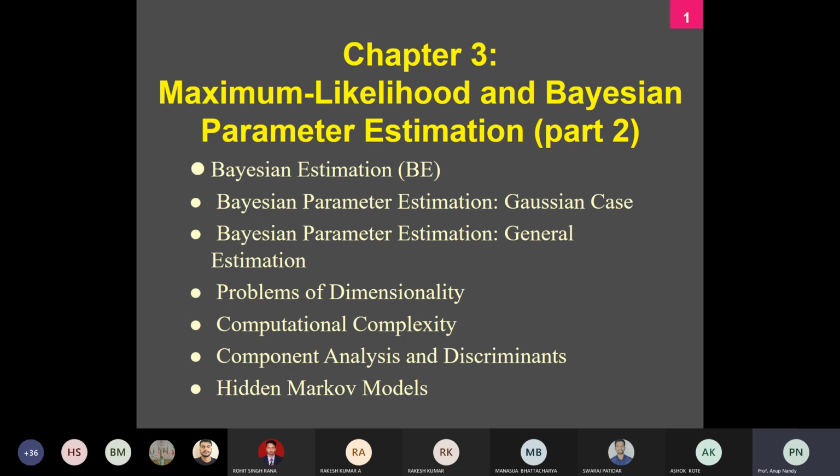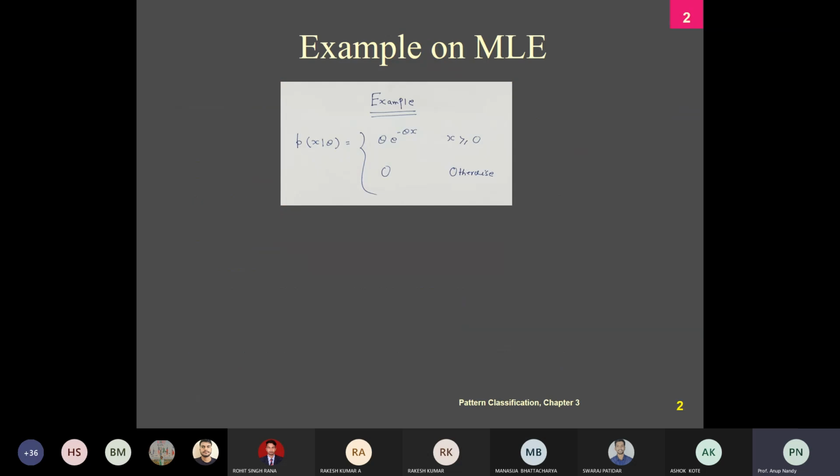Before taking it up, as I already told you, you need to do some practice, some practical example of the MLE method. Here is an example that you have to solve.